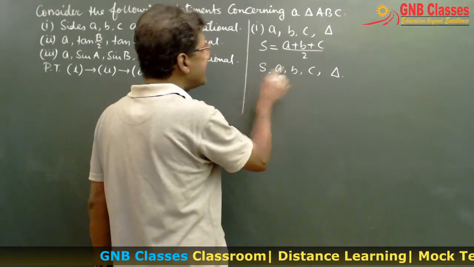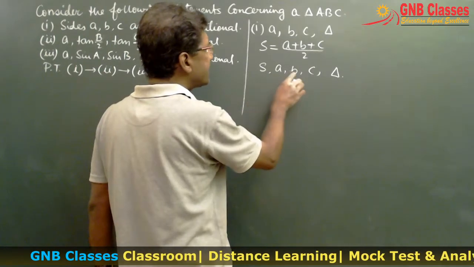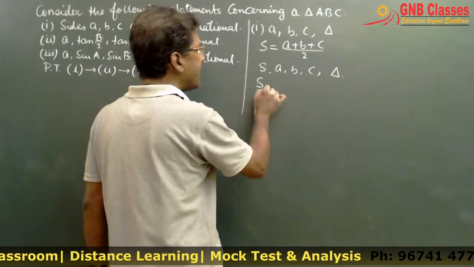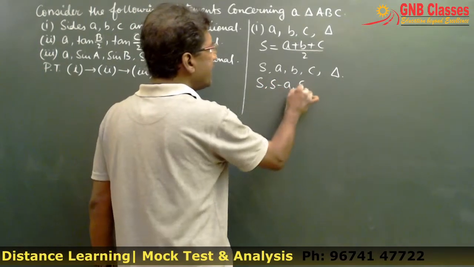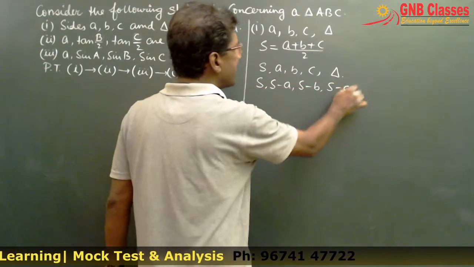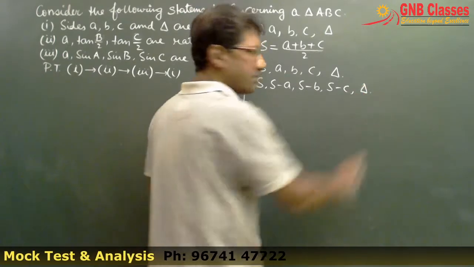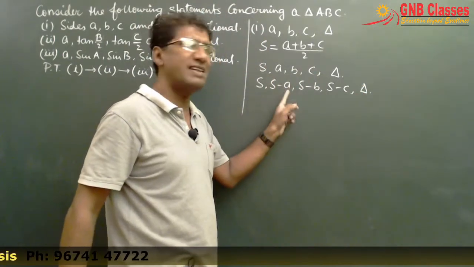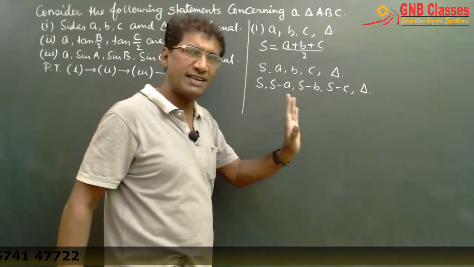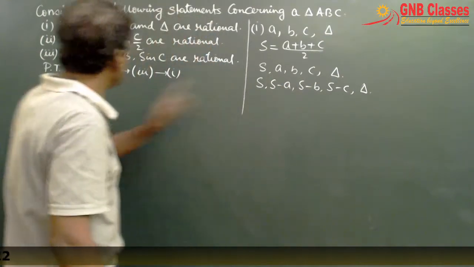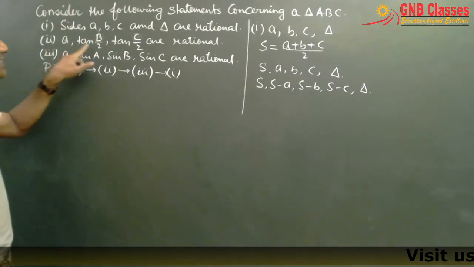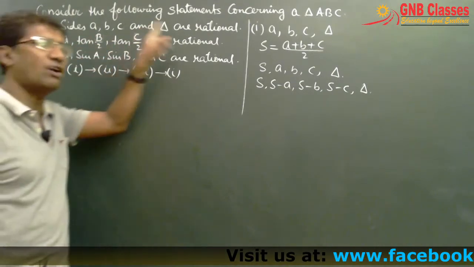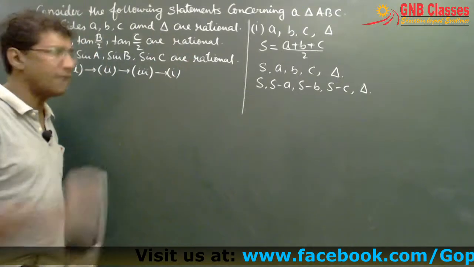Now, if s is rational, a, b, c as well as del are rational, so we can say s minus a, s minus b, s minus c are also rational numbers. Is it clear? Now what is our motto? Our motto is to reach tan A/2, tan B/2, tan C/2, that they are also rational. Is it clear?